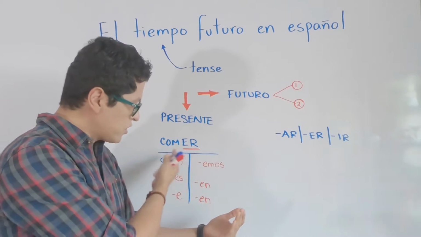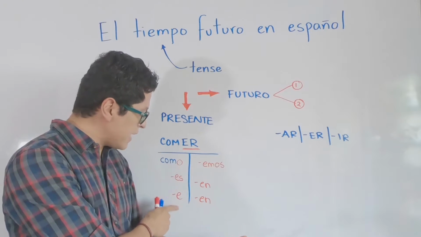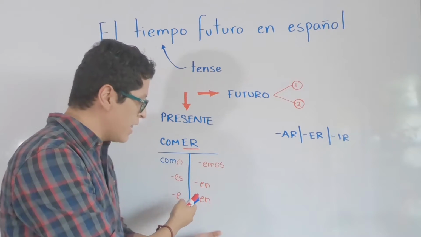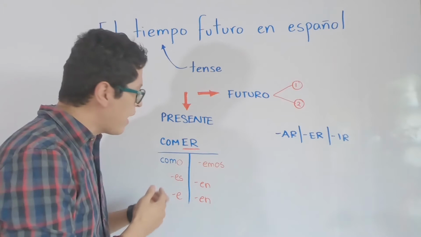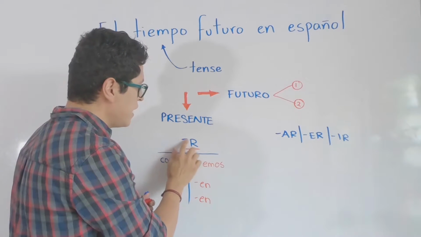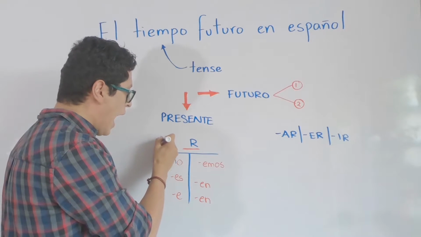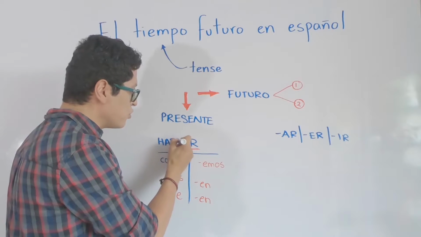Of course, here you can see this one is for -er, so you change to o, es, e, emos, en. However, if you have another verb, instead of comer, say hablar, which is the verb to speak.